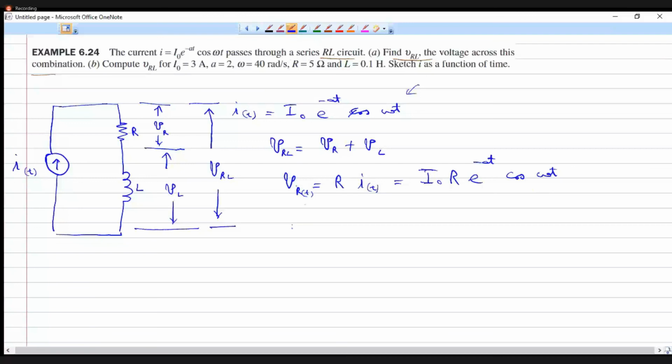Now, what about VL? What is the voltage across an inductor, if current is known?